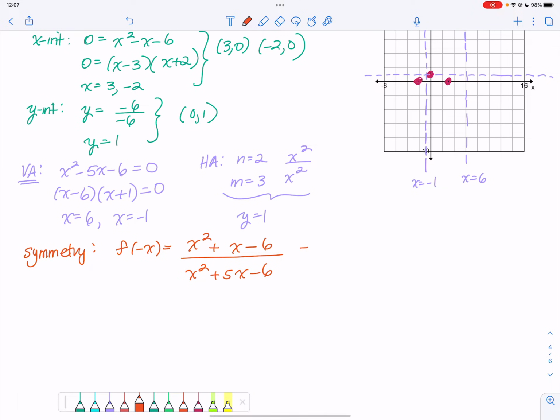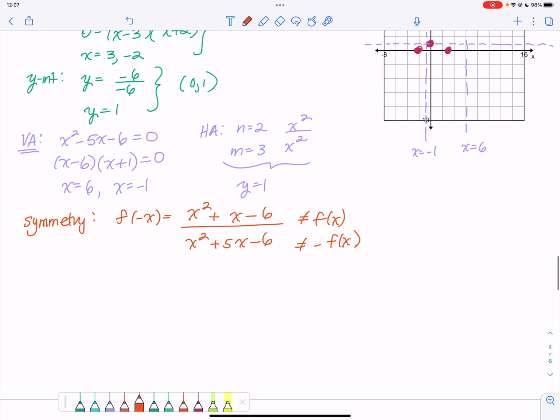Well, that is definitely not equal to f of x, and that's definitely not equal to the opposite of f. So therefore, there is no symmetry to the y-axis or to the origin.